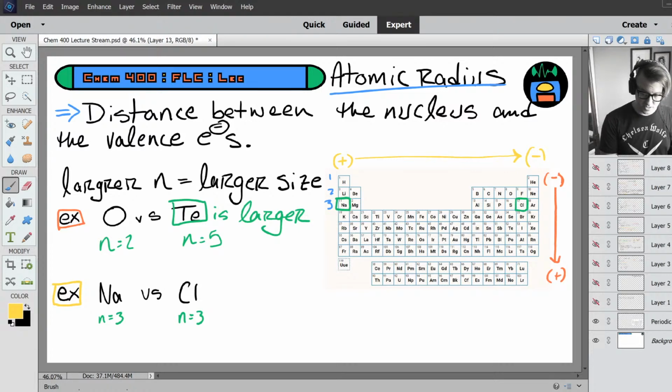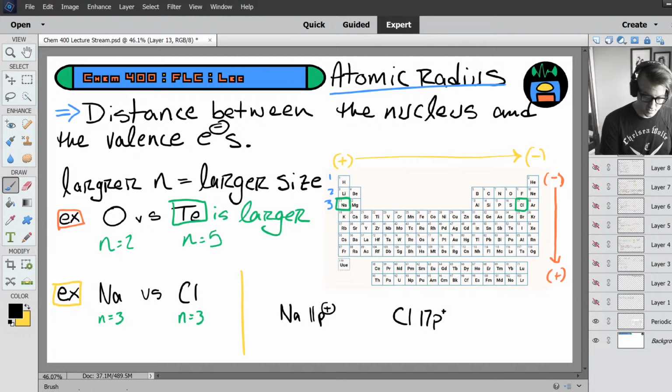Here's the deal. When you compare these two, sodium has 11 protons in its nucleus, and chlorine has 17 protons in its nucleus.